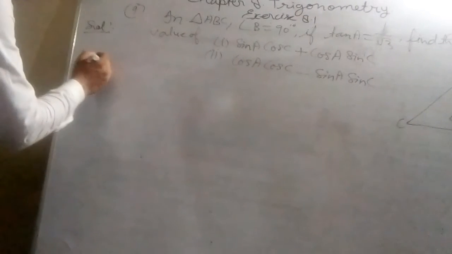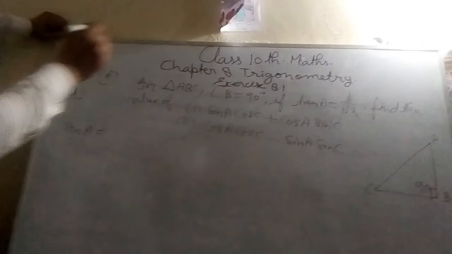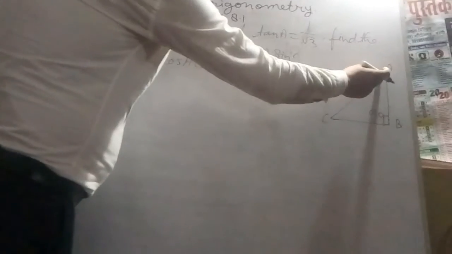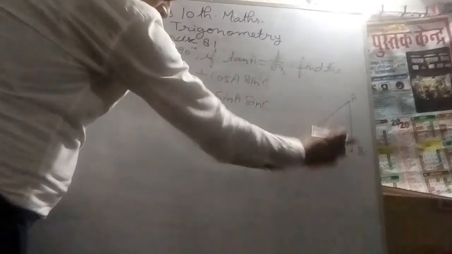So sin A according to this triangle, angle A is taken here, so BC is perpendicular.